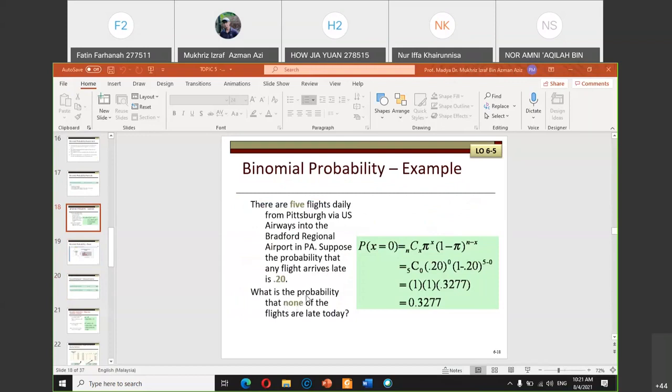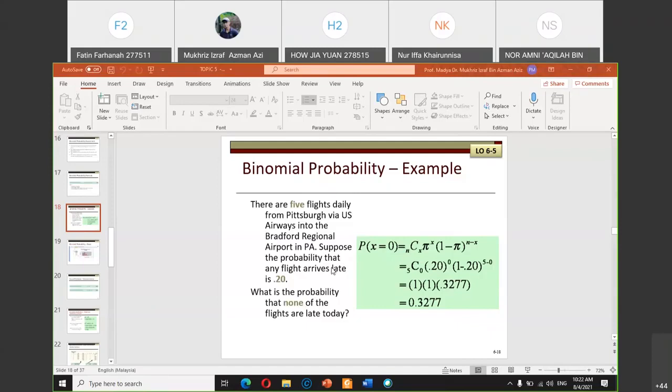If you look at the question here: what is the probability that none of the flights arrive late? A flight arriving late is something bad, something negative, but that does not mean it cannot be the success event. That's why, when we refer to the event of success versus failure, the word success does not mean that it refers to something good.